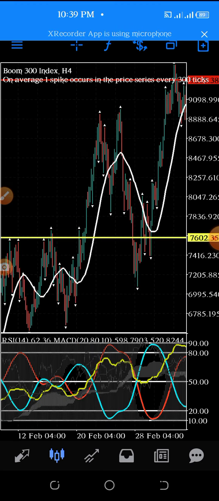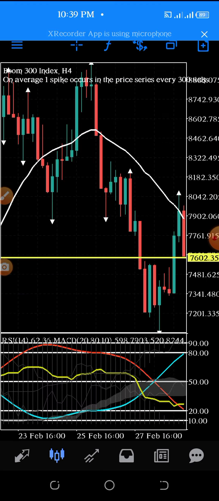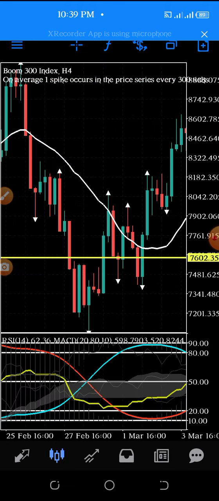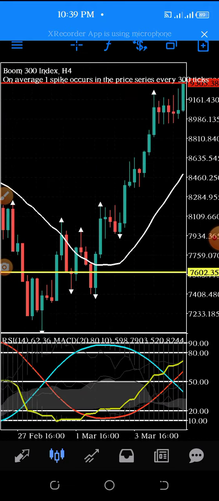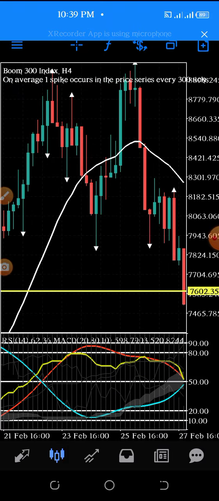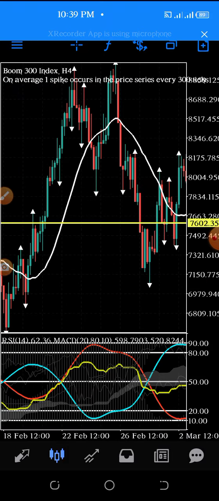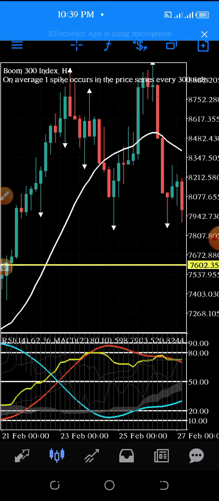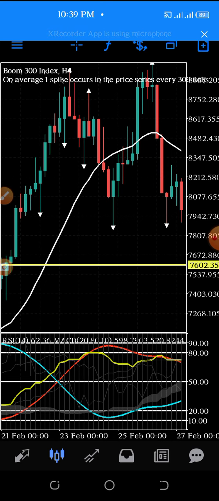Okay, I'm zooming it so that you can see it very well. Watch here very well. This pin bar you are seeing at the center now formed very close to the support zone.